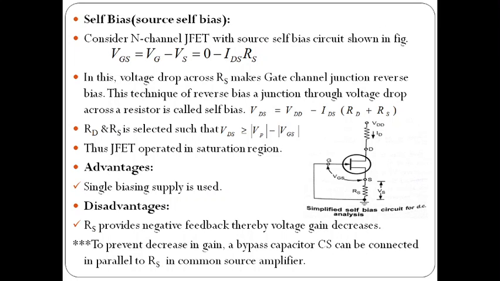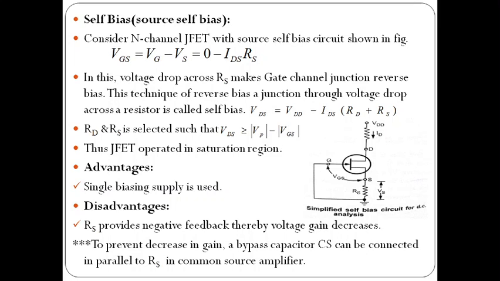Whatever the drop across the source resistor, that drop provides the reverse bias to the gate to channel junction. So that's why we call this self bias.